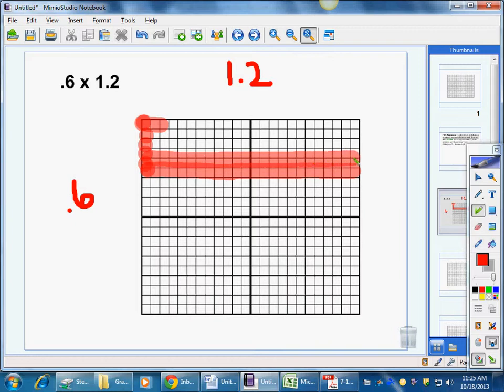Now I want to do the best I can to mark that. So if I'm going to model 0.6 times something, I'm going to mark my model first along that left hand side to reference what 0.6 would look like or represent. Now this freaks a few people out, so don't let it bother you.